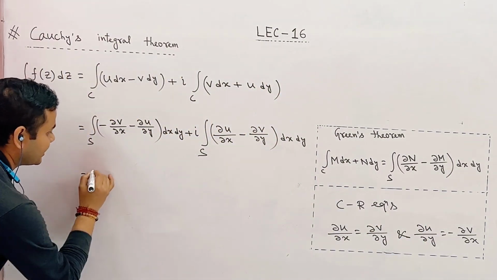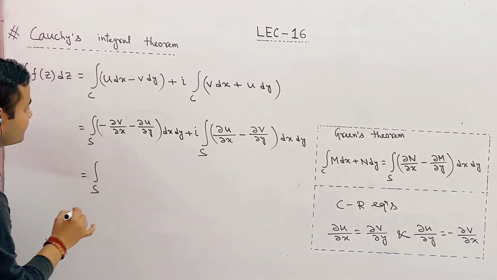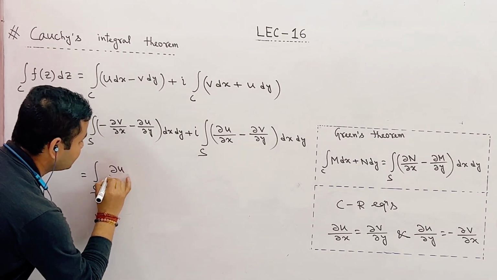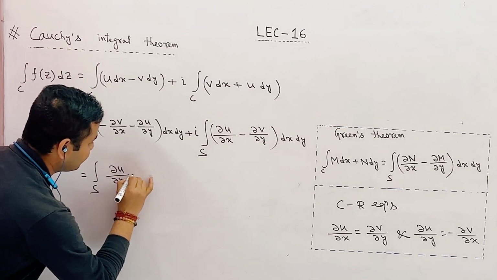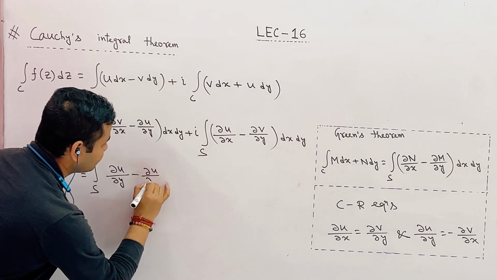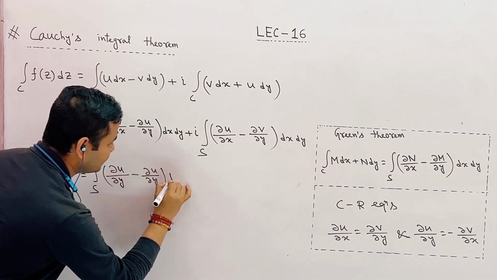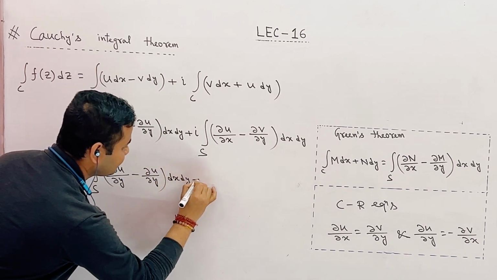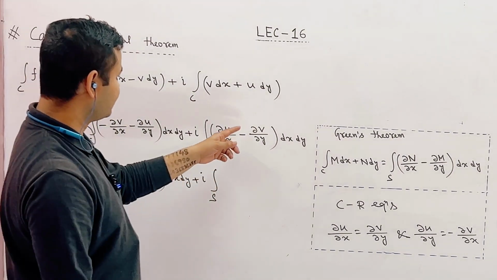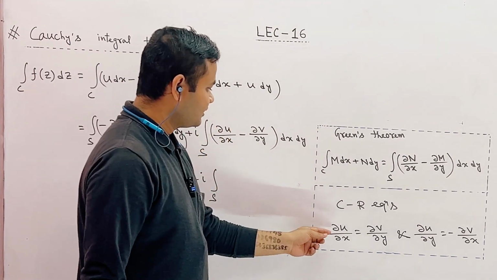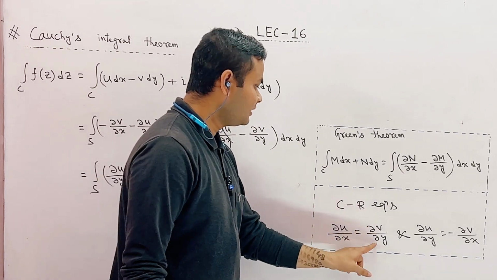So we can write surface integration of del u by del y minus del u by del y into dx dy plus iota surface integration of, again, del u by del x is equal to del v by del y.